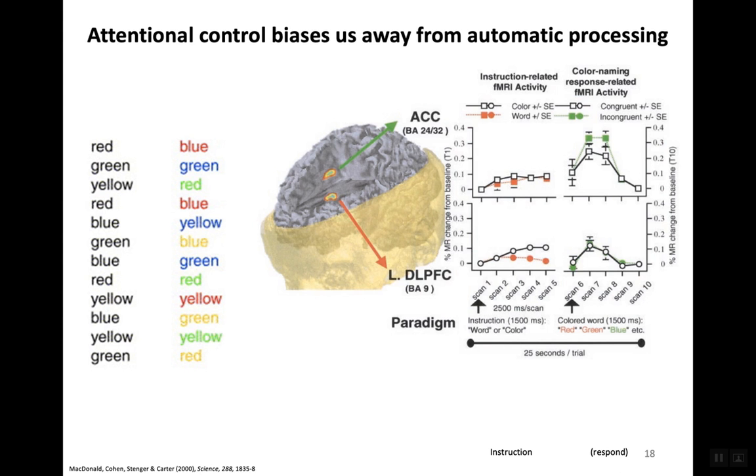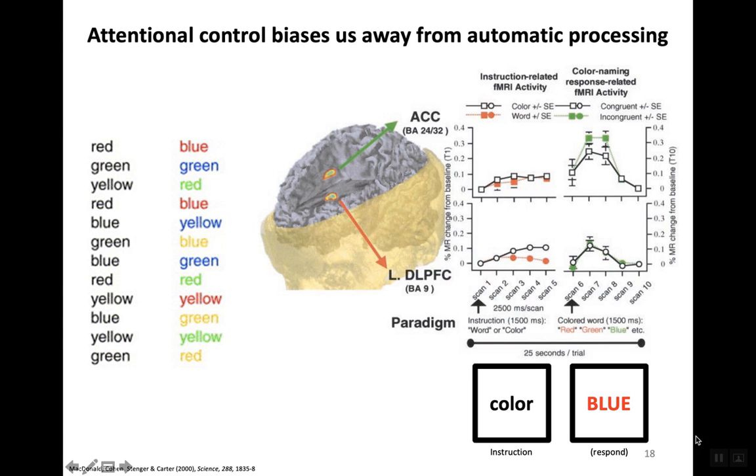So it should come as no surprise at this stage that areas of the frontal cortex would be involved in attentional control, in devoting specifically attention to the task in the context of a Stroop-based experiment. So in line with that expectation, McDonald and colleagues found that the dorsolateral prefrontal cortex came into play much more so when participants were asked to name the color as opposed to reading the word.